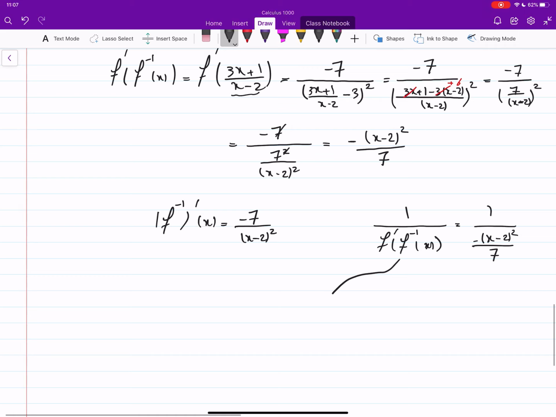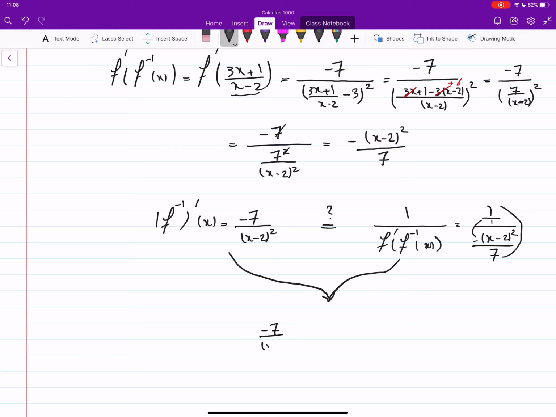So checking, the inverse function theorem says these two are equal, and you can see easily that it works by some simple multiplication.